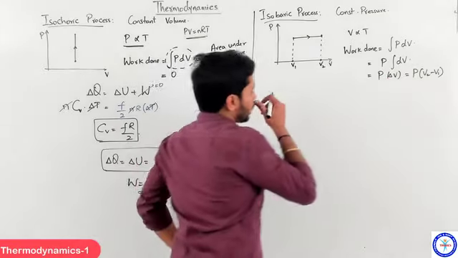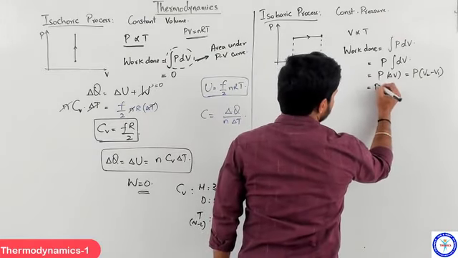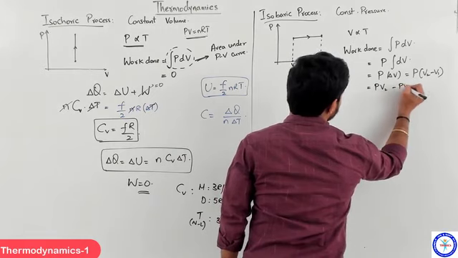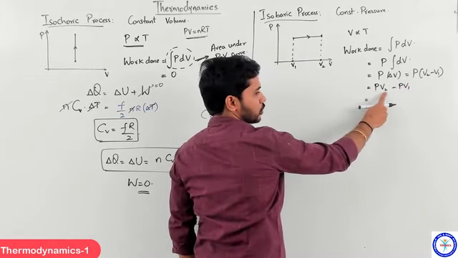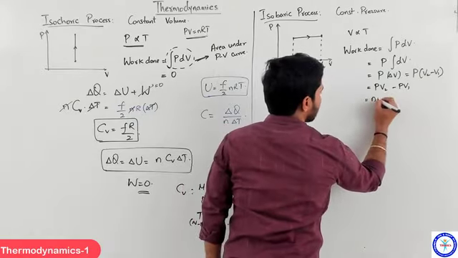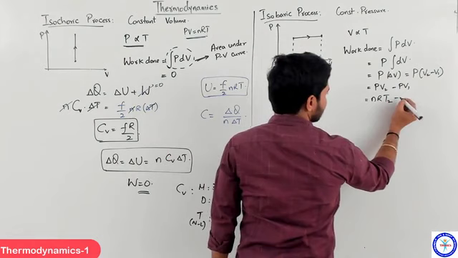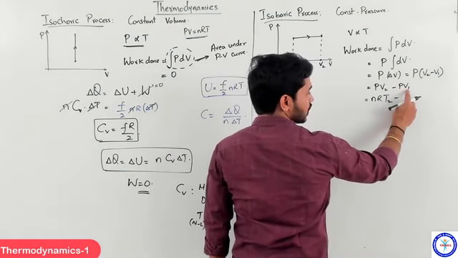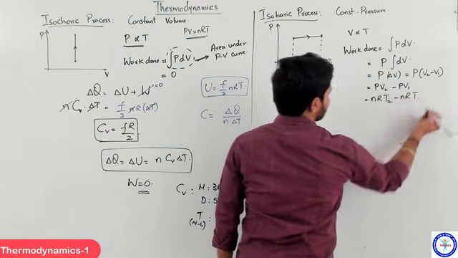And now we know that this final expression can also be written as PV2 minus PV1, which is final pressure into final volume, which can be written as nR final temperature, correct, minus initial pressure into initial volume, which is nothing but nR initial temperature.